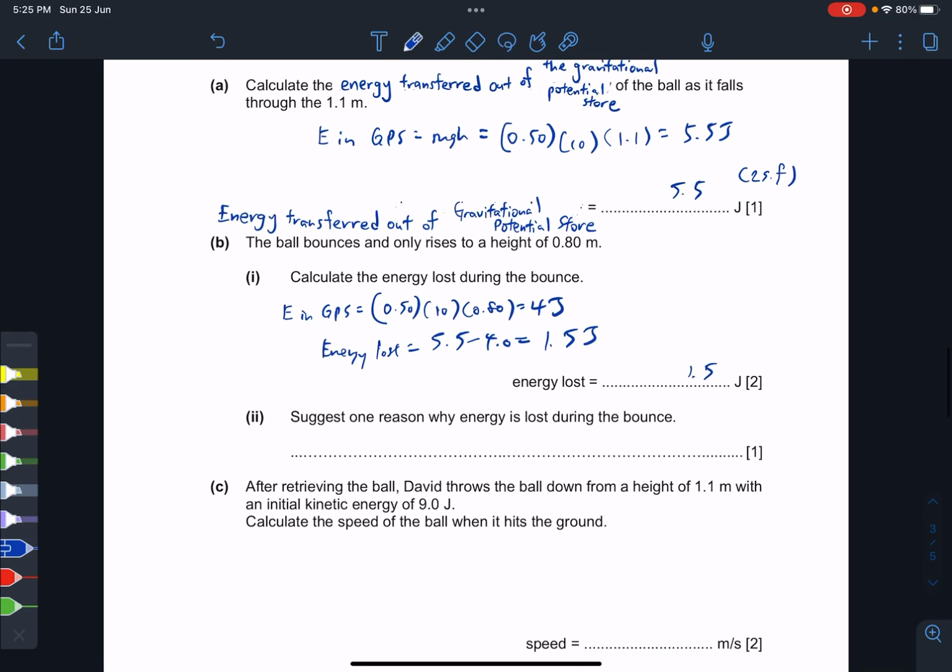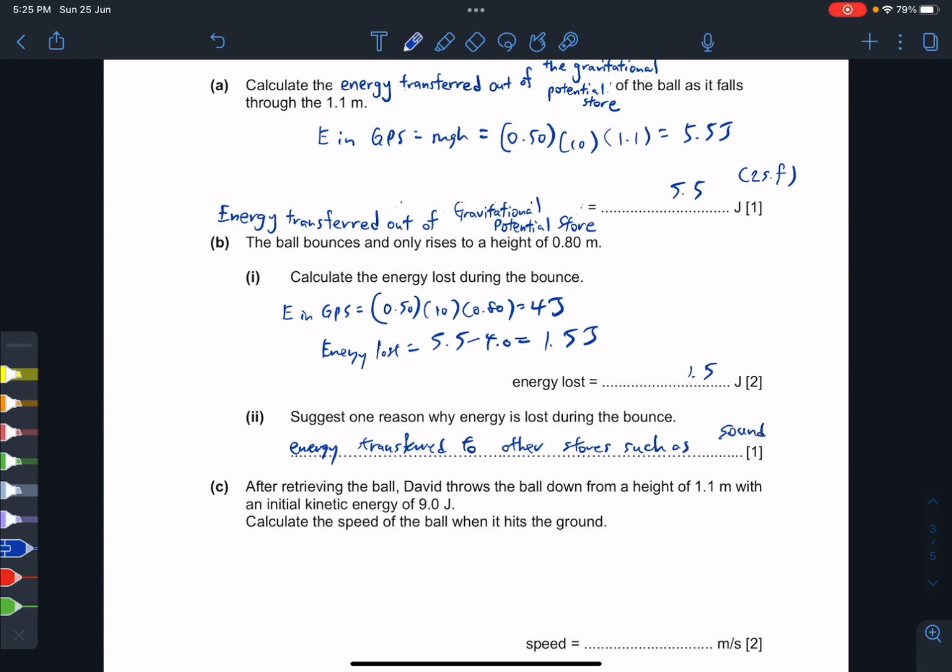Why is energy lost during the bounce? You see, energy is not lost. It's better to say that the energy could very well be transferred to other stores, such as sound, in the form of sound energy.